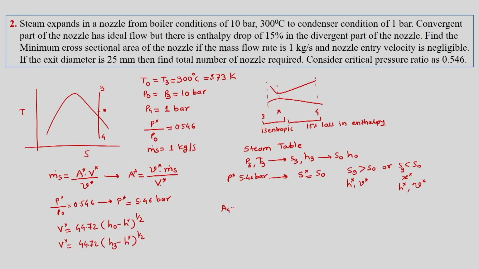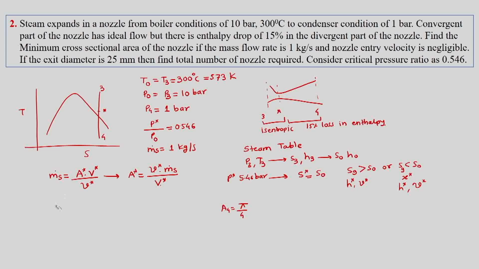Now we are told to find the number of nozzles if the exit diameter is 25 mm. So we know A exit, A4, is equal to pi by 4 d square. For this, we have to find out the mass flow rate through one nozzle, and then divide the total mass flow rate by it to find the number of nozzles.